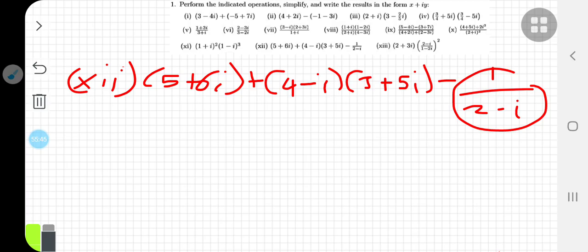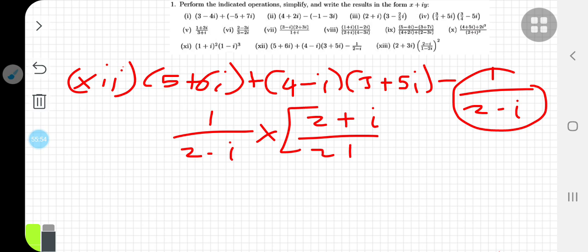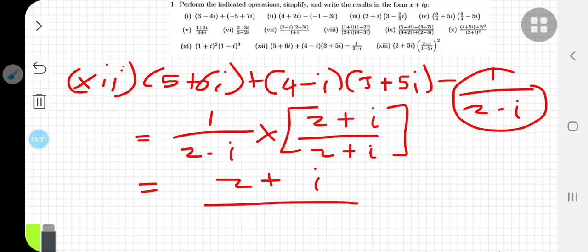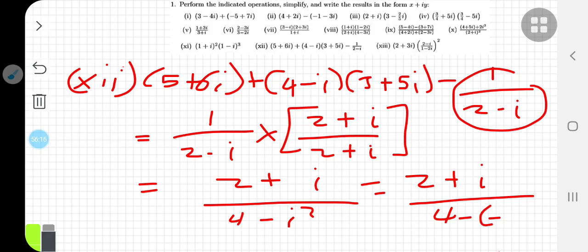So we have 1 over 2 minus i there. I can multiply this with its conjugate. It's going to be 2 plus i over 2 plus i there. And this will just give me 2 plus i over 2 times 2, that gives me 4, and that gives me negative i squared. And here I'm just going to have 2 plus i over 4 minus negative 1 there.